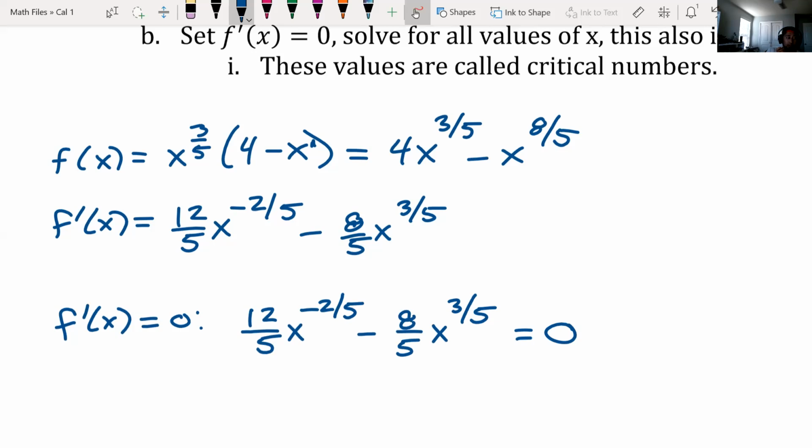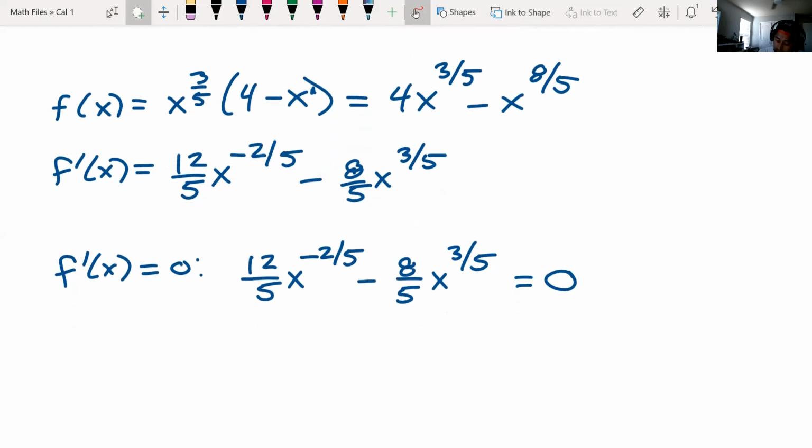What could I factor out from this equation? 4/5 x to the negative 2/5. Good. So we're going to take out 4/5 x to the negative 2/5. All right. And if I take out 4/5 x to the negative 2/5, what does that leave me with inside? 3 minus 2x. 3 minus just 2x.